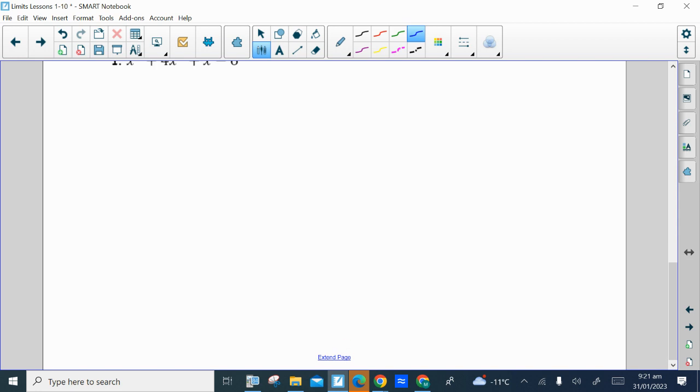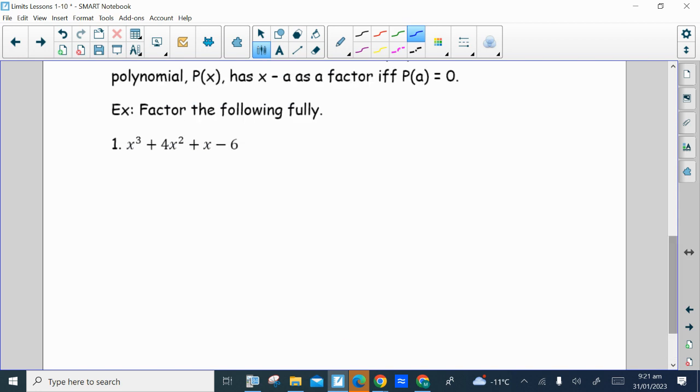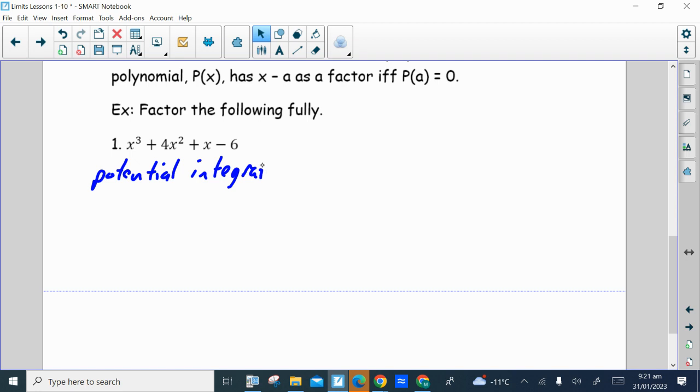We have what are known as our potential integral zeros. The numbers that we're going to start with, that we're going to start checking with, will come from the factors of the constant term, which in this case is -6. So our potential integral zeros are the factors of -6, which are plus and minus 1, 2, 3, and 6.